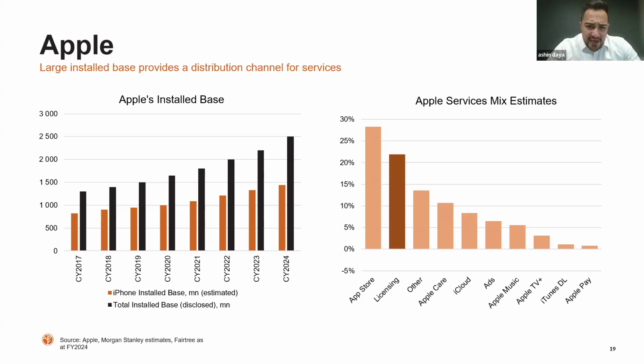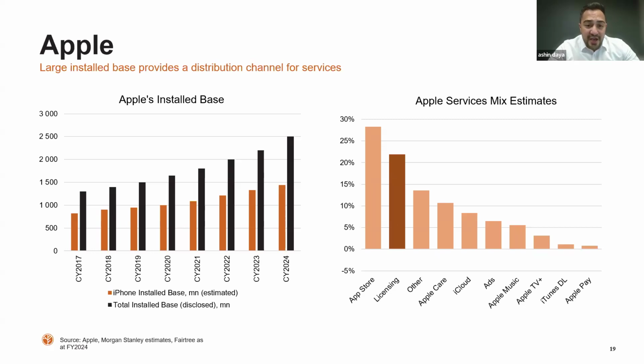And then on the right, I've given an estimate of the Apple services revenue split. We're all familiar with the App Store, for example, but licensing is just over 20% of Apple services revenue. What this predominantly refers to is the agreement between Google and Apple, where Google pays Apple an estimated $20 billion per annum, which is equivalent to just over 20% of Apple's group net profit.